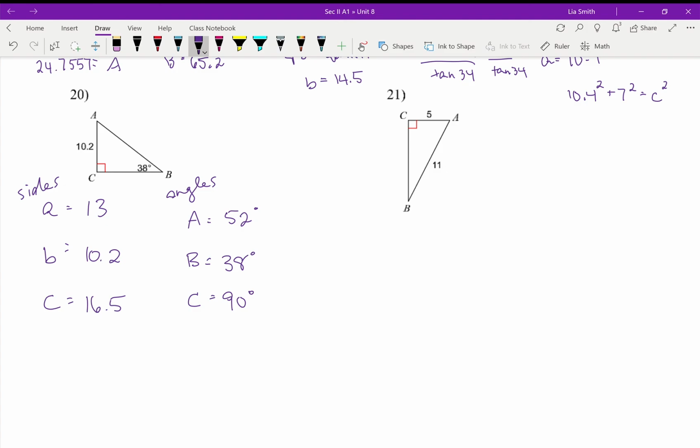And then for number 21, your sides are 4 root 6, which is approximately 9.8, 5, and 11. And then your angles, remember C is always 90 degrees, so you don't even have to think about that one. And the other ones are 63 degrees and 27 degrees.